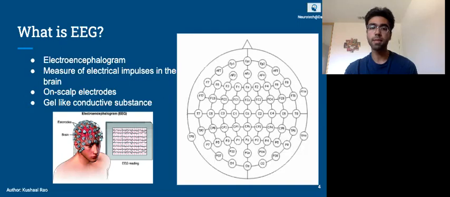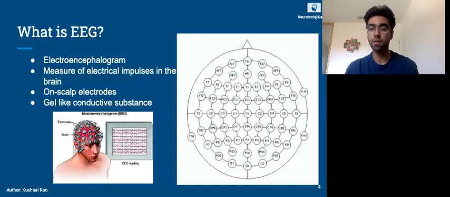So you want to make sure the signal is as clean as possible and the electrode can grasp as much of the signal as it can. So you usually use a gel-like substance, the primary ingredient of which is salt, between the electrode and your scalp. That helps to hold it in place.